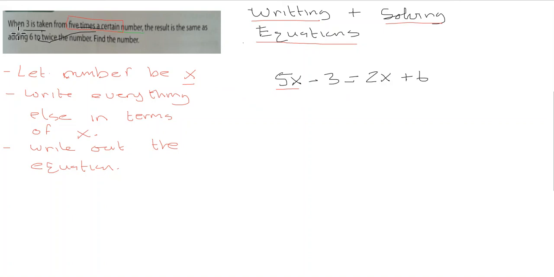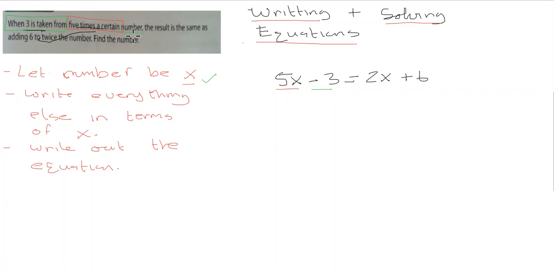When 3 is taken from 5 times a certain number, that's this part here, minus 3. You have 5 times a certain number, which we let be x, and then you subtract 3.